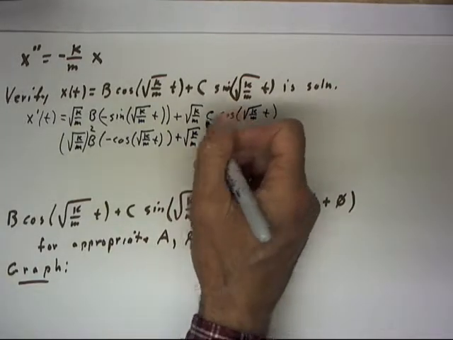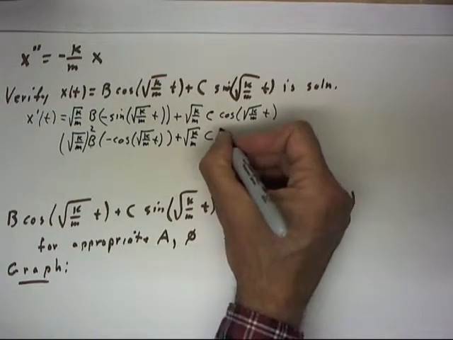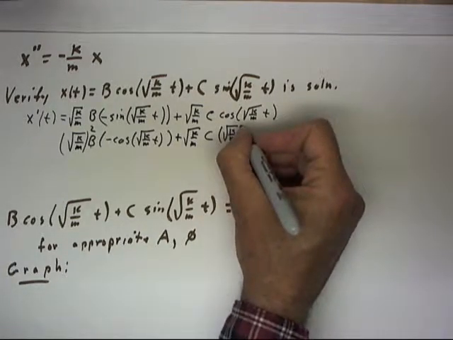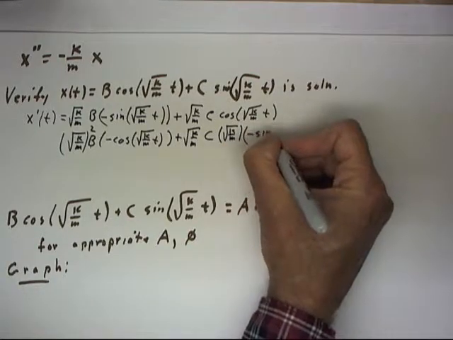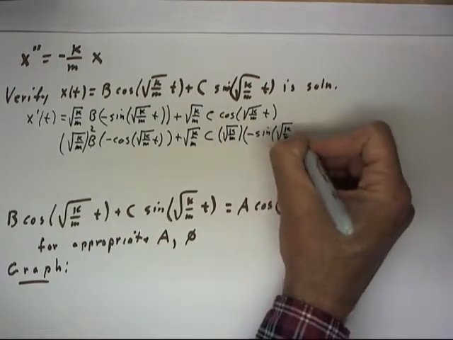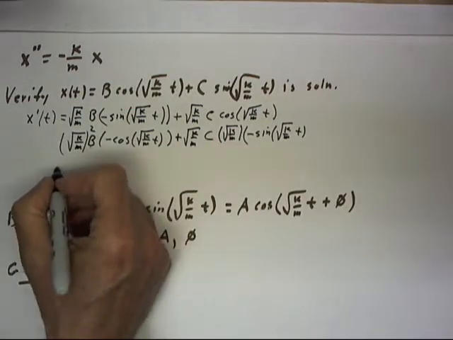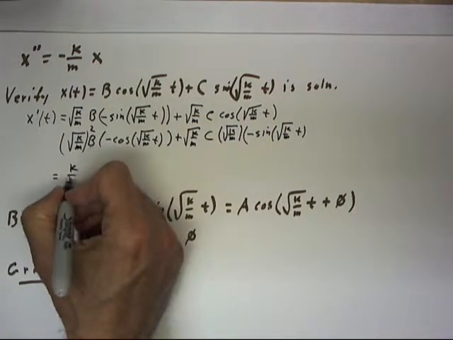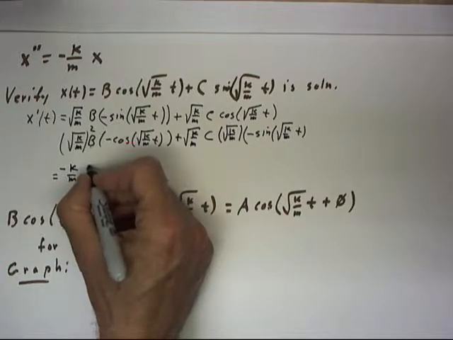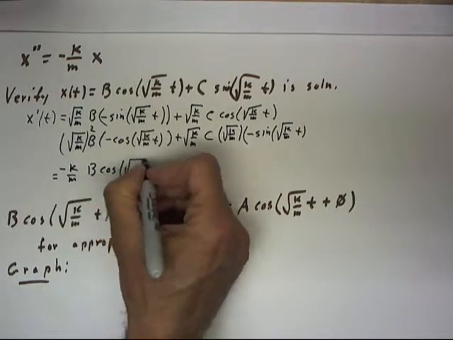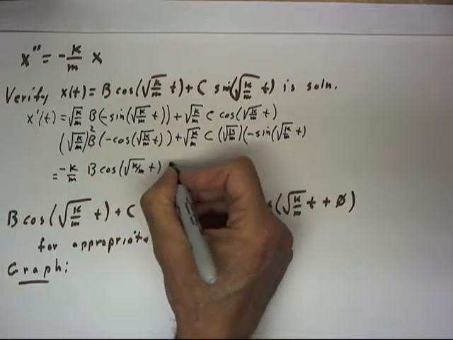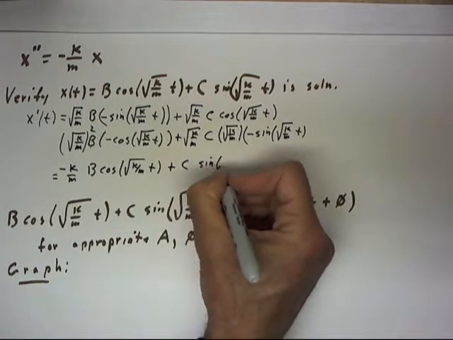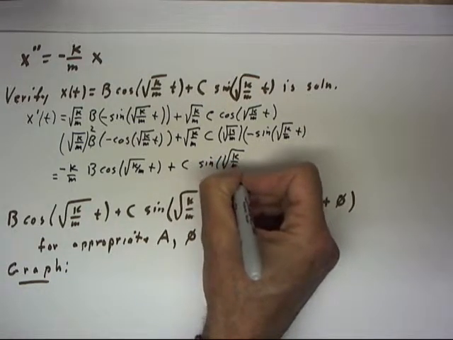We have the square root of k over m times c times square root of k over m times negative sine of square root of k over m t, and this becomes equal to negative k over m times b cosine of the square root of k over m t plus c sine of the square root of k over m t.